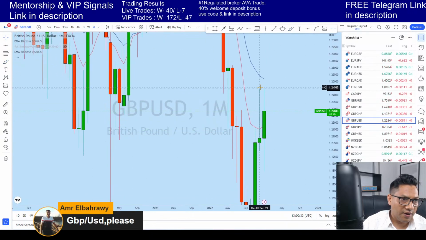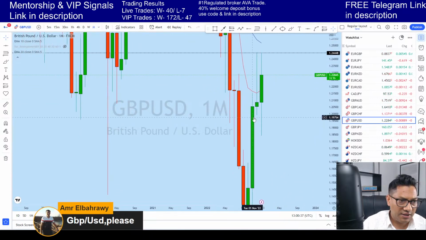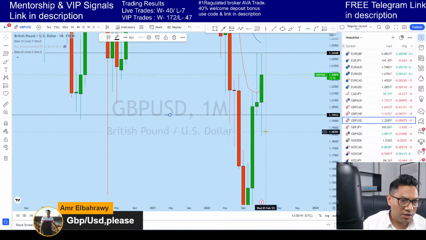Now you see that after creating a little bit of overextension, we see a rejection, and in the similar way from the low of this monthly doji, exactly in the same way the price has created an overextended market, and we see that there has been a rejection to the upside.